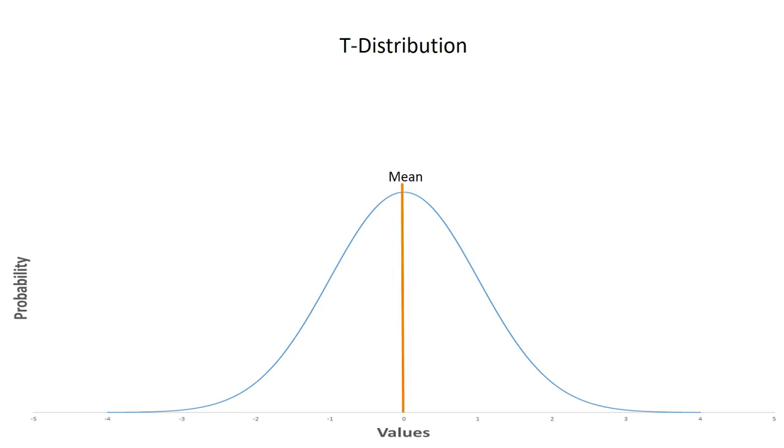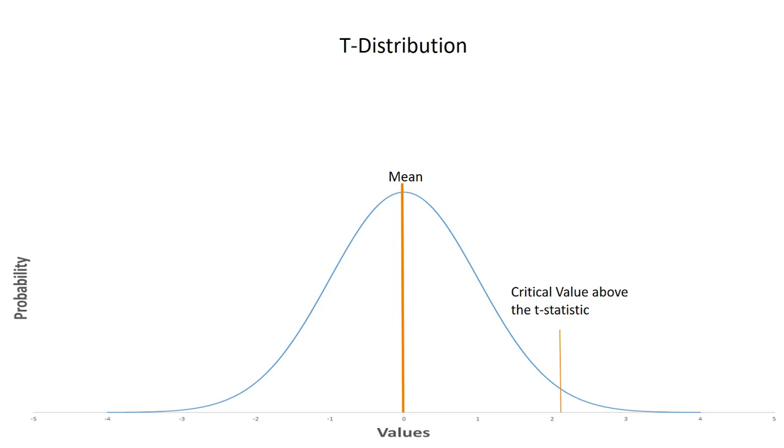T-distribution, mean 0. A critical value is some value of a test statistic above which, actually, I think I want this to say critical region. So this line is the critical value, and the area above it is the critical region. The critical region lies above the critical value.